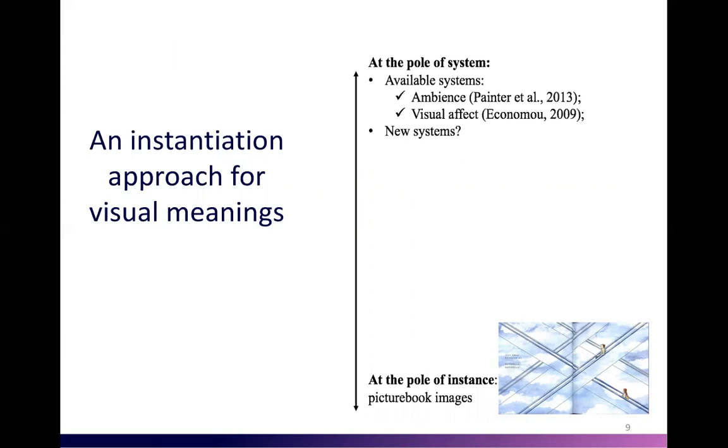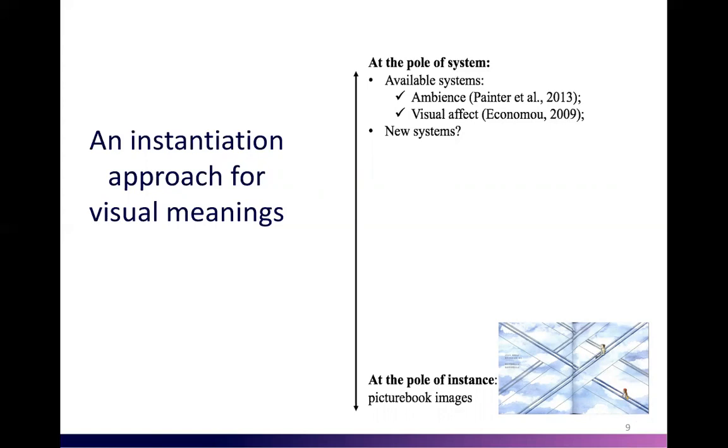By examining the picture book images involved in the two stories, I described the system choices pertaining to evaluative meanings being foregrounded. This stage involved applying the meaning-making systems developed in previous studies of visual images, such as ambience and visual affect, to the data. On the other hand, I also revised available systems or developed new systems based on generalization of the visual features identified in the data.